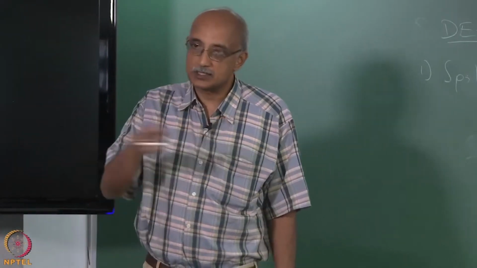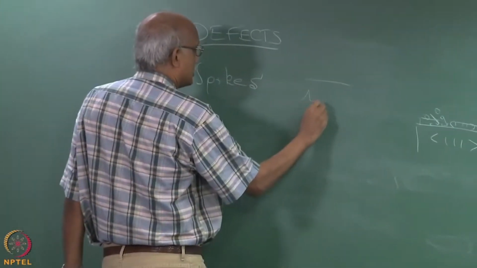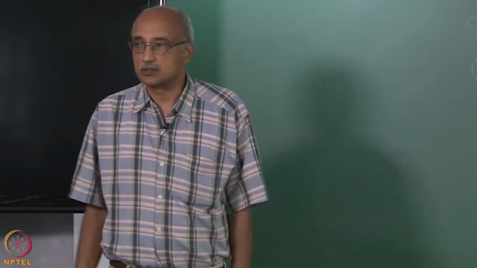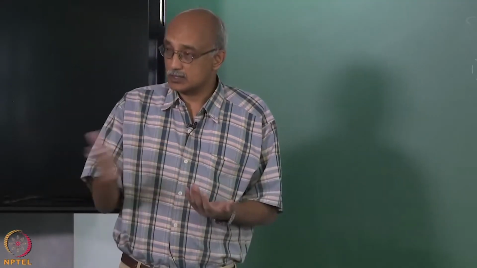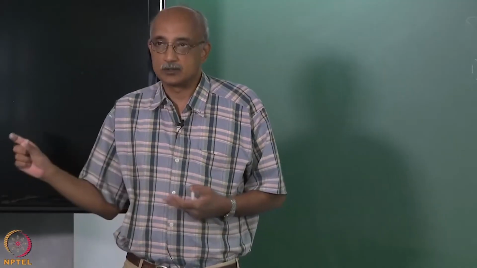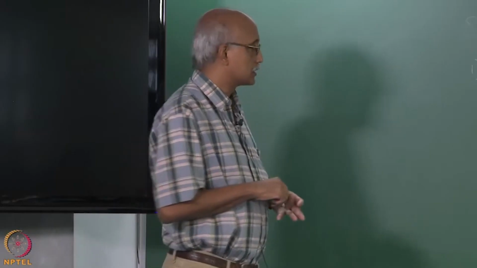So, instead of seeing a nice uniform film like this, essentially you will see something that looks like that. You will see a sudden jump in the thickness of the film at some location. So, the structure may still be crystalline, but the uniformity of the film will be affected. That type of defect is known as a spike.